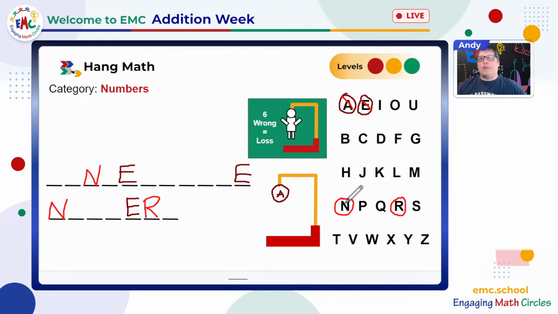Switching colors for round 3. Someone says S. We do have 2 S's. When you think you've got the final answer, you can guess it in chat.